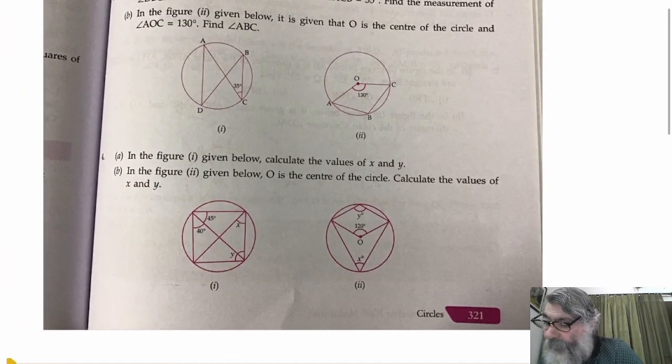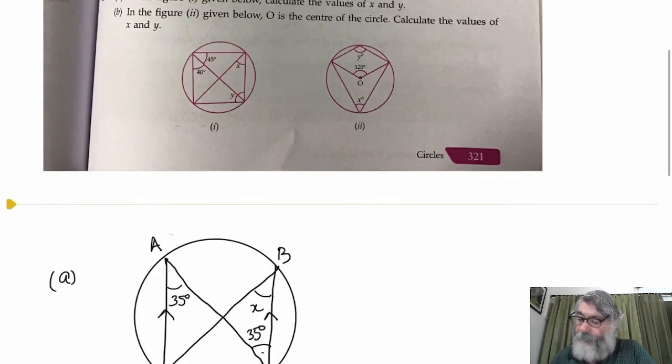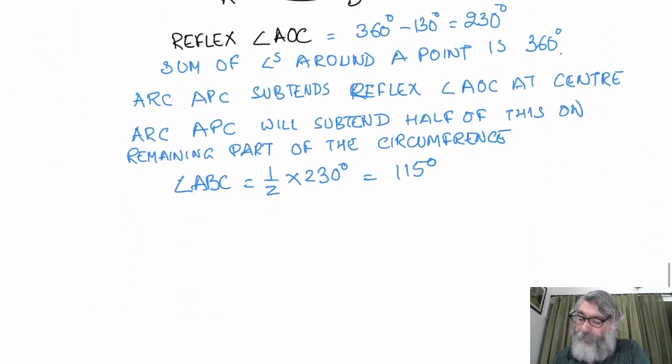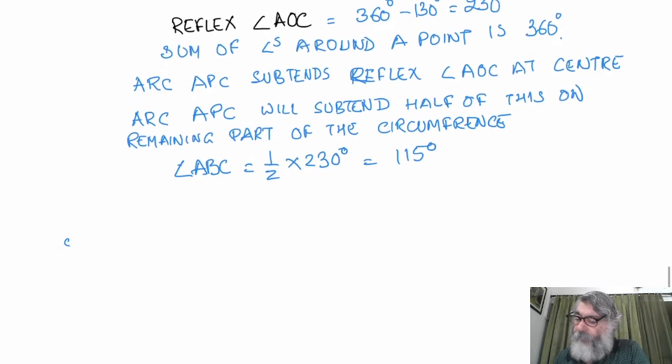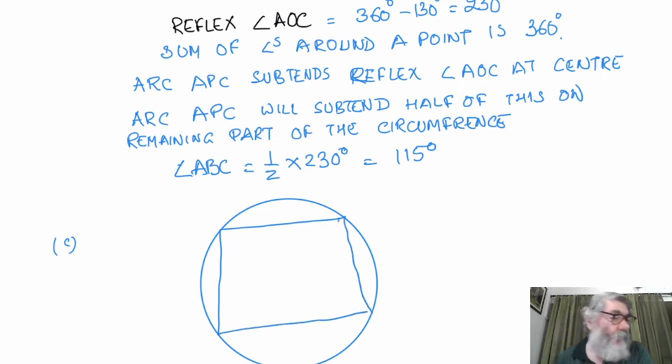In the given figure below, calculate the value of x and y. Okay, he has made a cyclic quadrilateral. Let me draw the cyclic quadrilateral. He has not named it, but it is a cyclic quadrilateral.